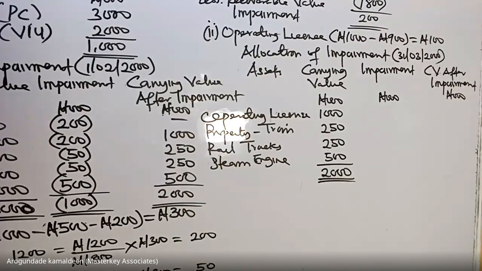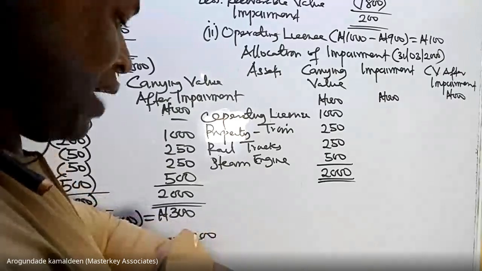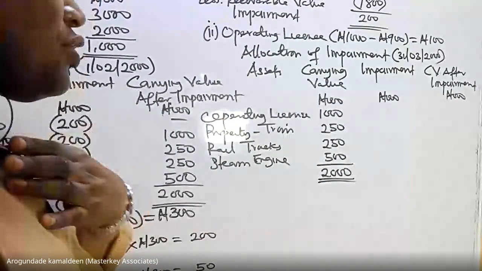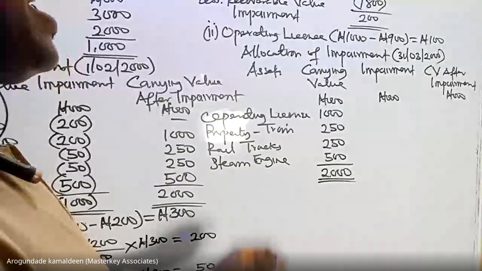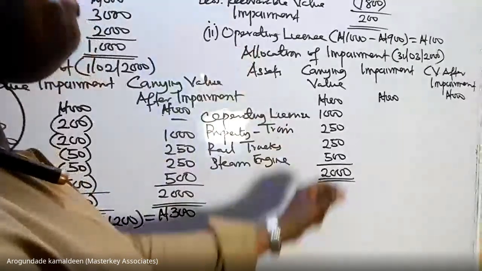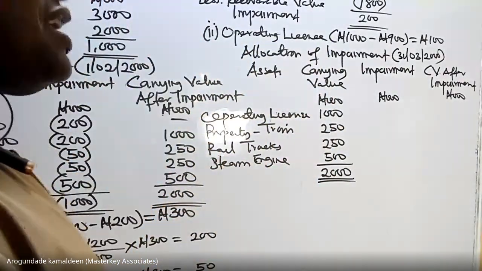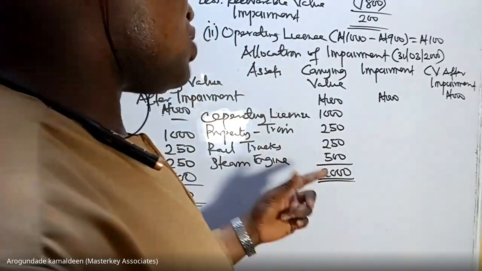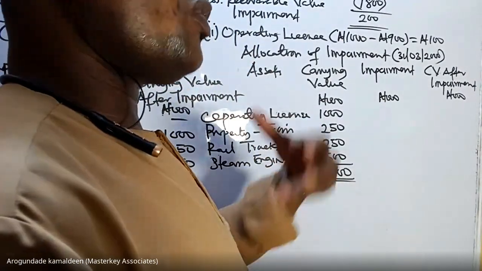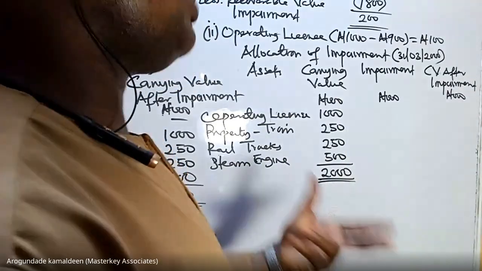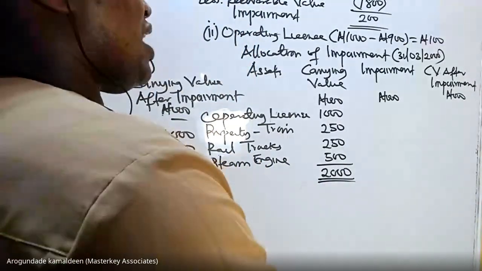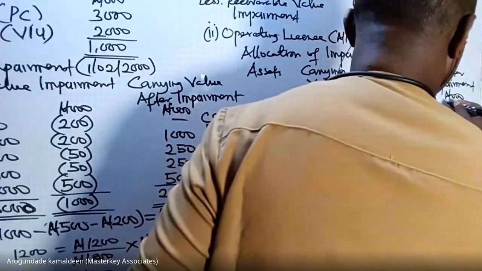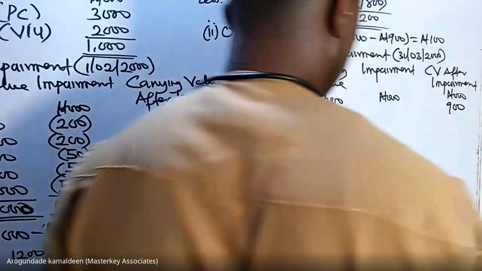Now there is an impairment of 200,000 that occurred on the 31st of March this year. But we have an obvious impairment on the operating license because by record, our license was 1 million, but the true market price is now 900. So we can only get 900 as a true market value.